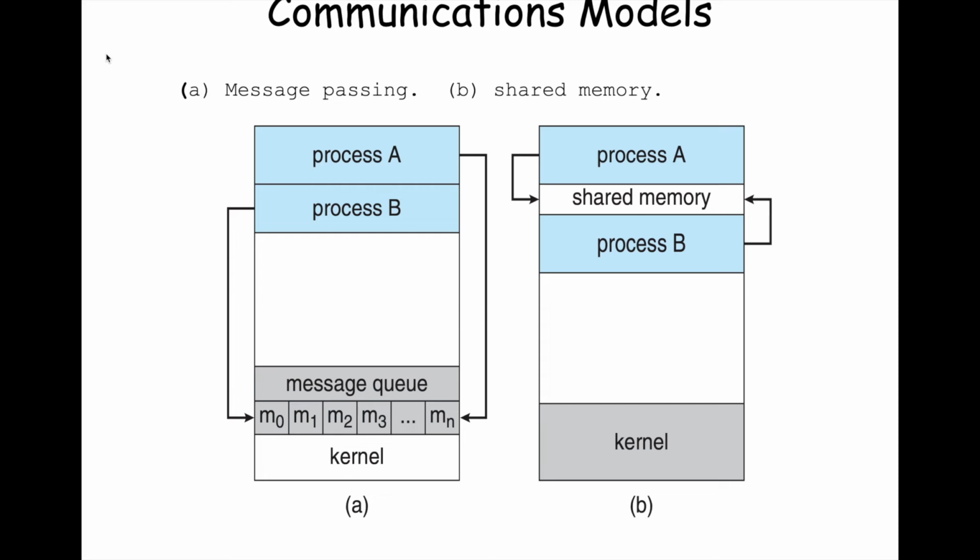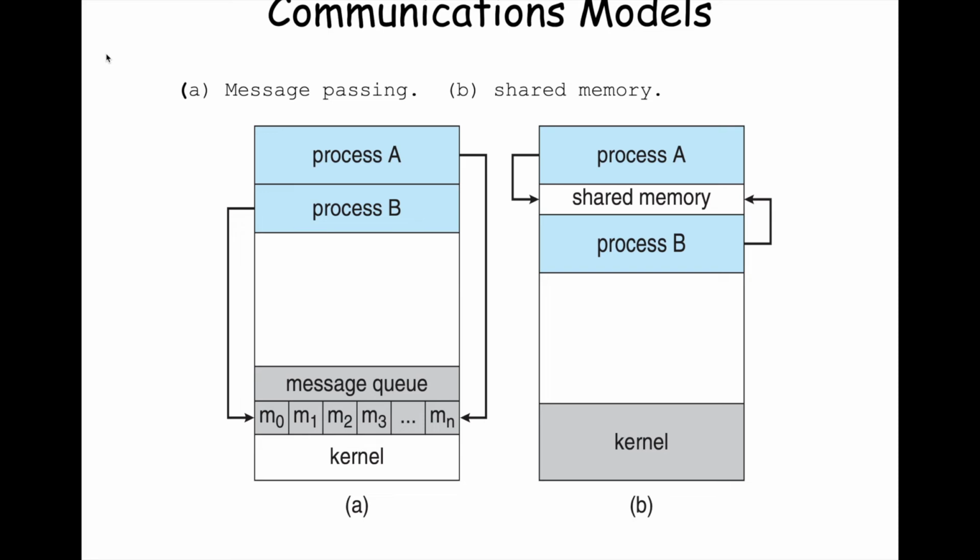Okay. So this is an example or schematic, and it's in the book, that describes at a high level what the two major flavors of IPC, interprocess communication, look like. And so here on the left, frame A, we have an example of message passing.